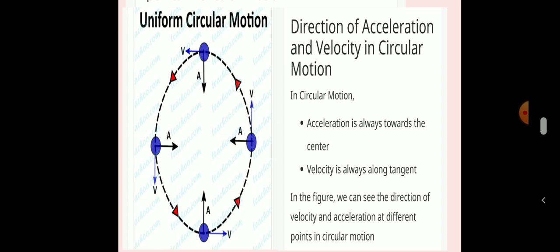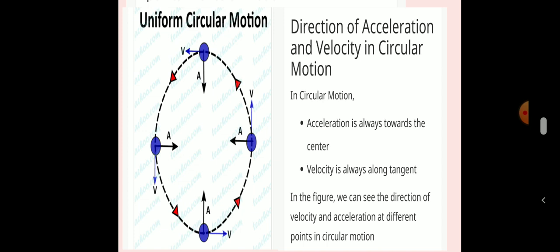So from this, it is clear that though the speed is constant, the direction is continuously changing. So we can find out what is the direction of acceleration and the velocity in circular motion also.